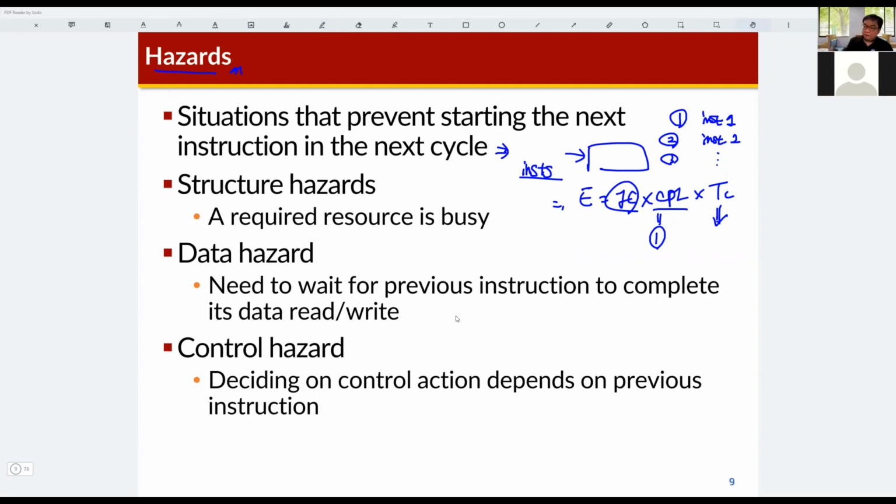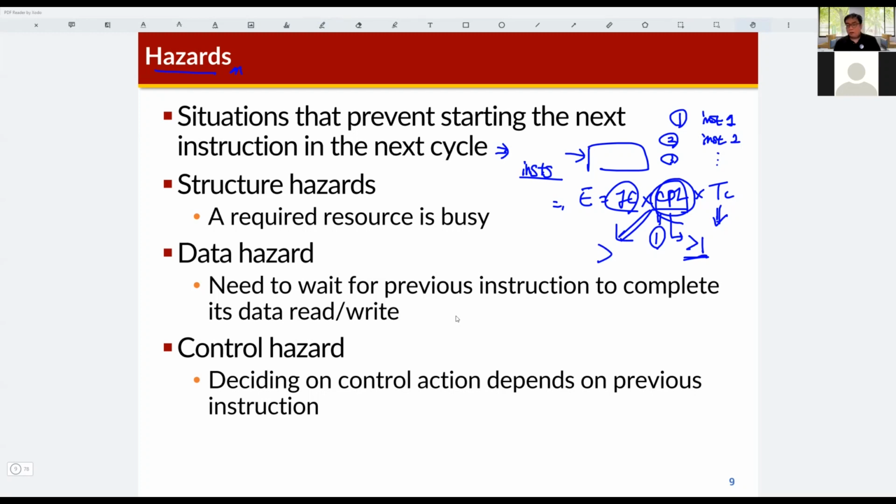That means during a certain clock period, a processor cannot execute an instruction. So the CPI will be larger than 1 for the pipeline architecture. Because of hazards, CPI can be increased, so the performance can be degraded.